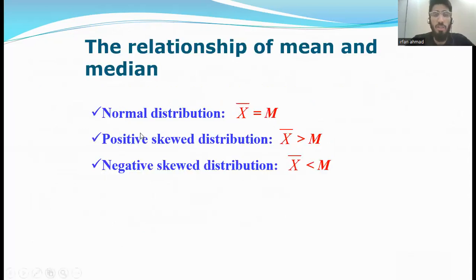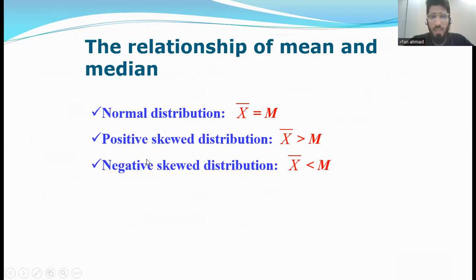The relationship of mean and median: both measure the central tendency of the data. If you want to know the relation between mean and median, for the normal distribution, the mean is equal to the median. But for positively skewed data, where the right side has more data, the mean is greater than the median.